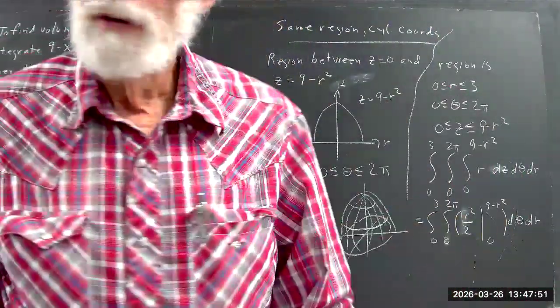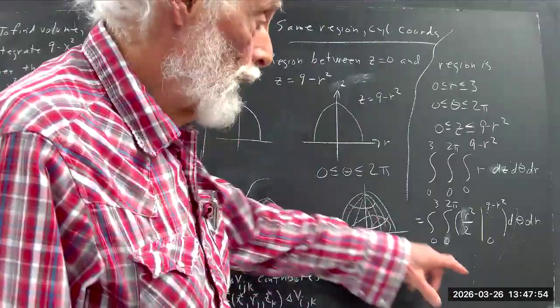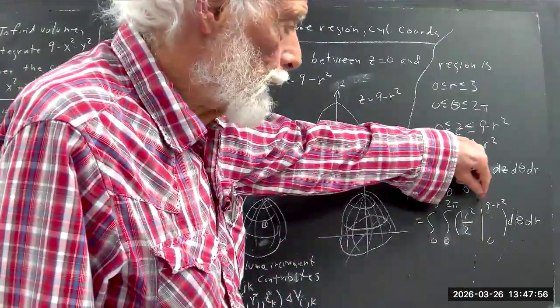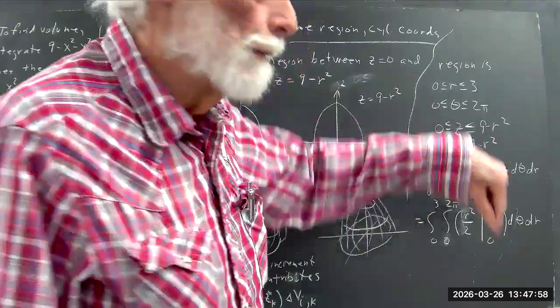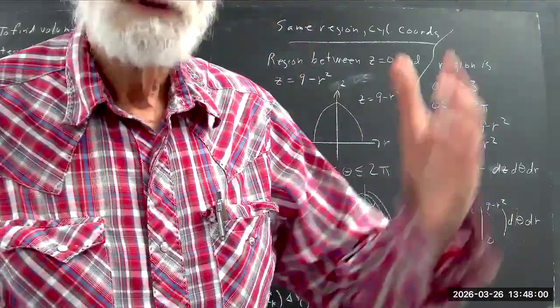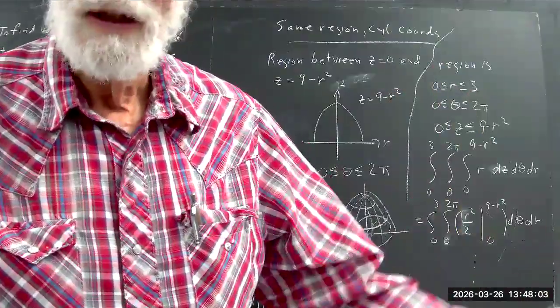I'm not actually going to do it because we're really missing time here. But you substitute this in, you're going to get (9 − r²) squared. So you're going to have r to the fourth, you're going to have r², and you're going to have numbers.